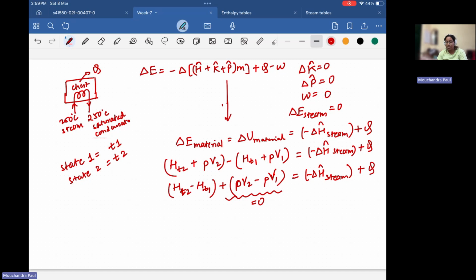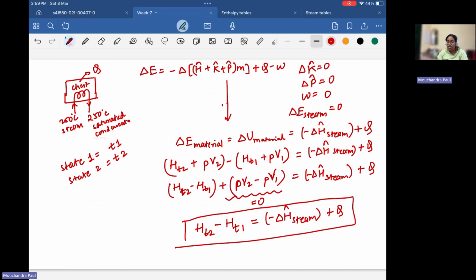So if we neglect it, the final expression becomes HT2 minus HT1 equals minus delta H steam plus Q. This is the final expression that will help us to get the actual answer.